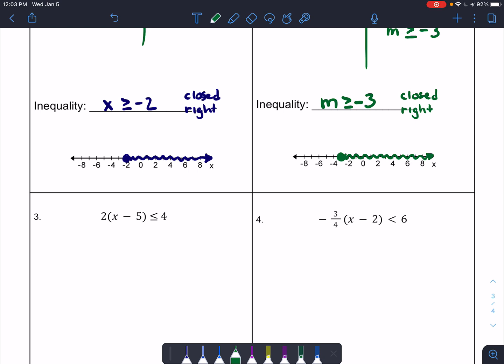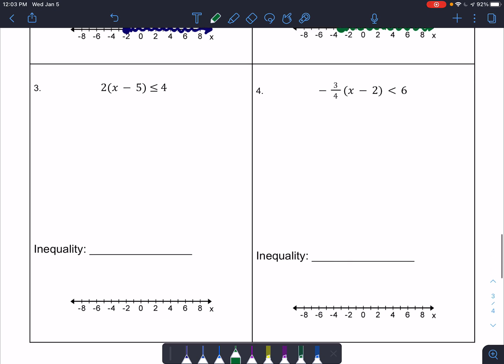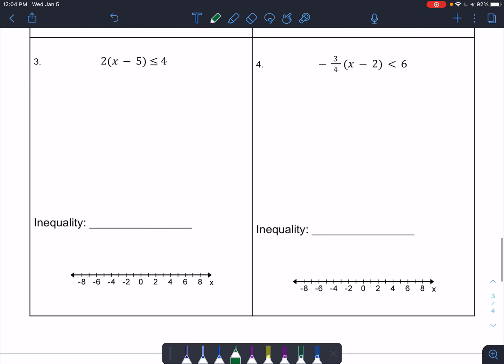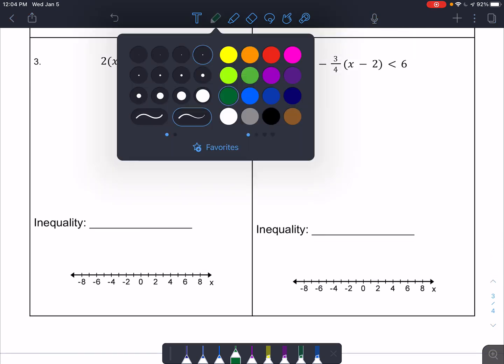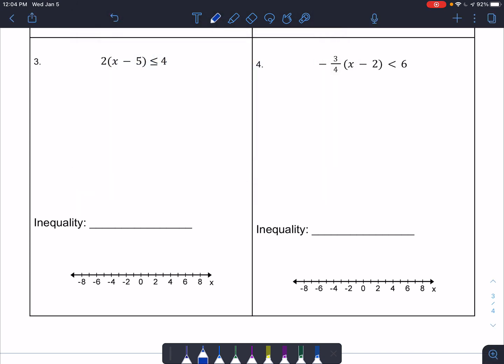Now these can get more difficult and look a little more like what we saw in the first part of Unit 4, and that's perfectly okay. I could distribute, but I know that 4 and 2 work nicely together. So I'm going to divide both sides by 2 first here. I'm left with x minus 5 is less than or equal to 2.